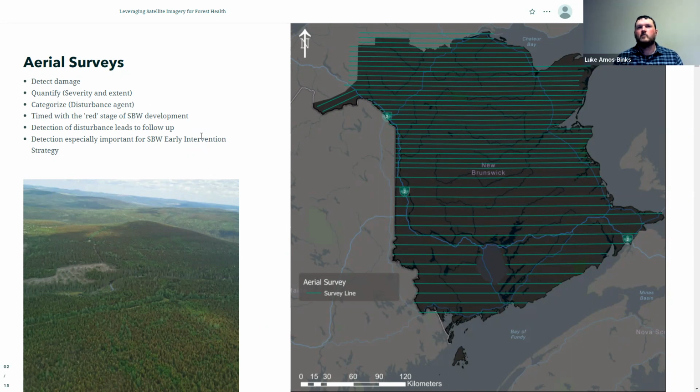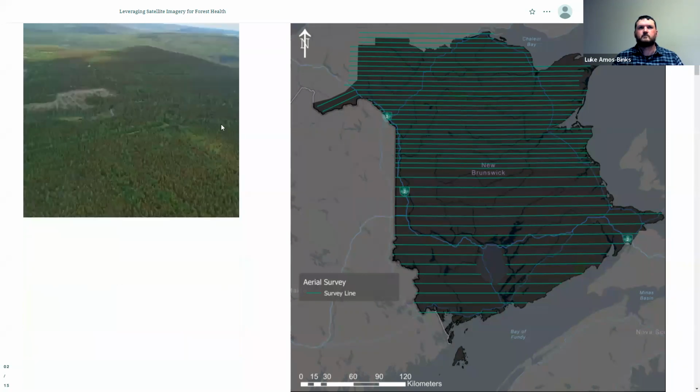So we're trying to detect these populations at really low levels and treat them before they get above a certain threshold. Being able to pick out these small disturbances is really important to that strategy.